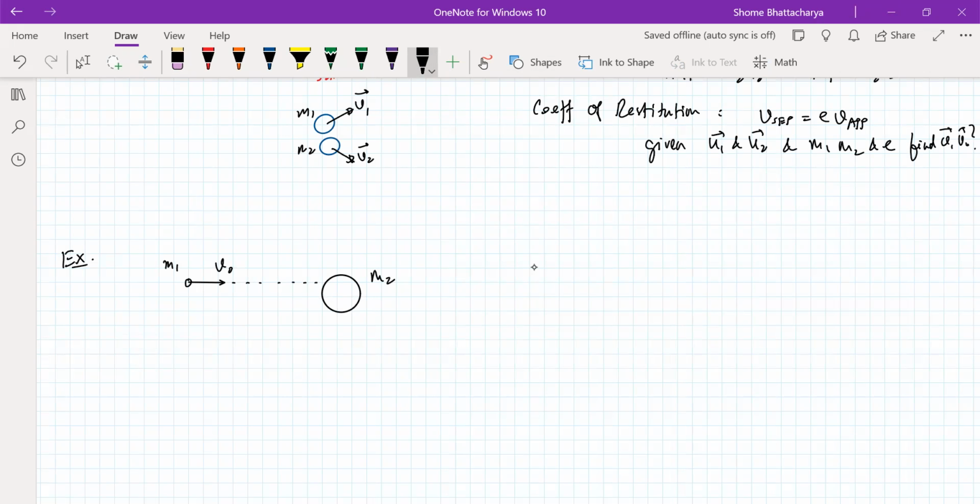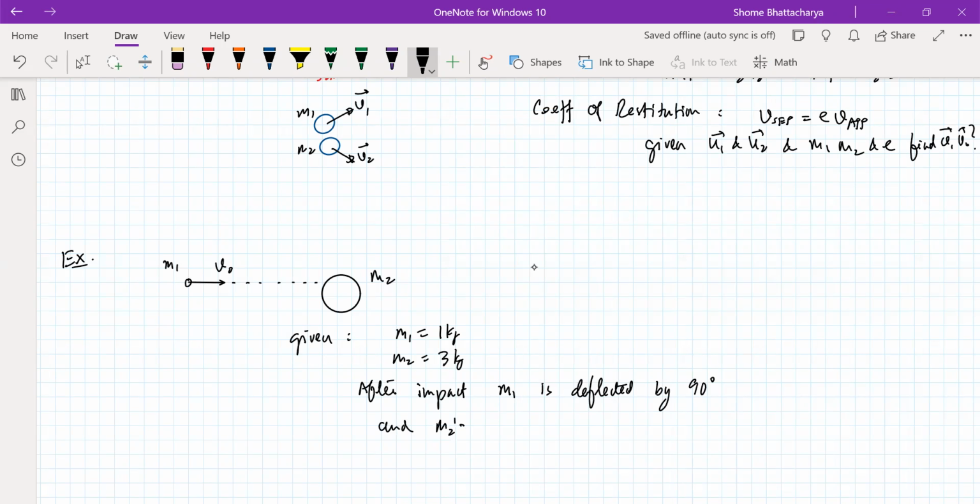Okay, now it is given that after impact, m1 is deflected by 90 degrees, okay, and m2's velocity is at 53 degrees with respect to the line of the velocity v naught.